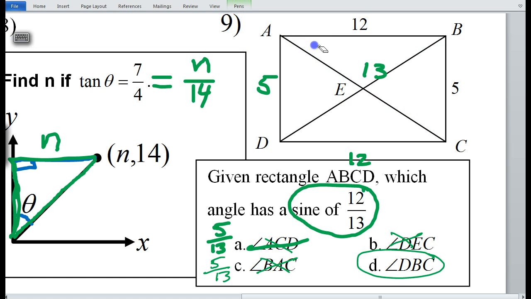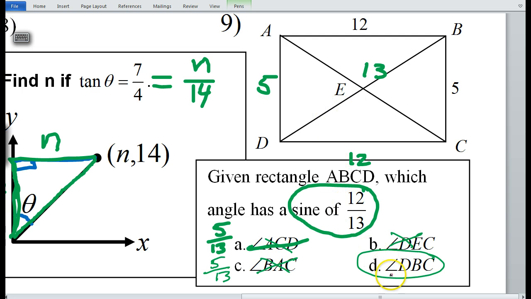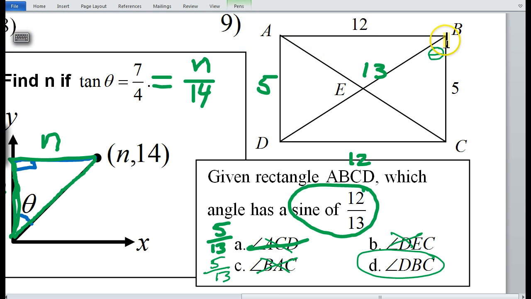Alright, let me clean this up a little bit. Okay, so looking at this last one. Angle DBC, that's this angle up here. I have to look at the big triangle. So I have to look at this guy.